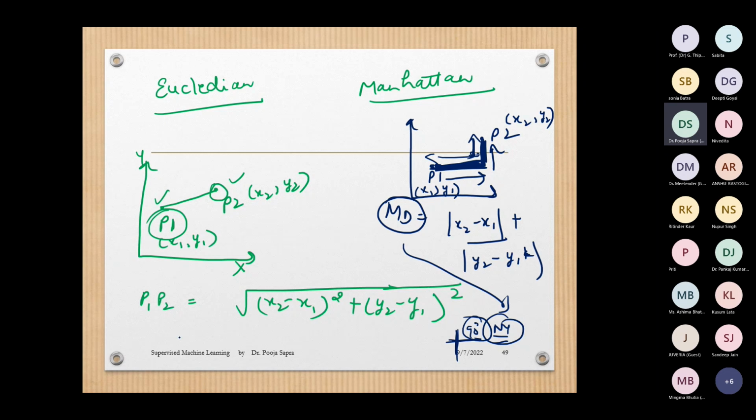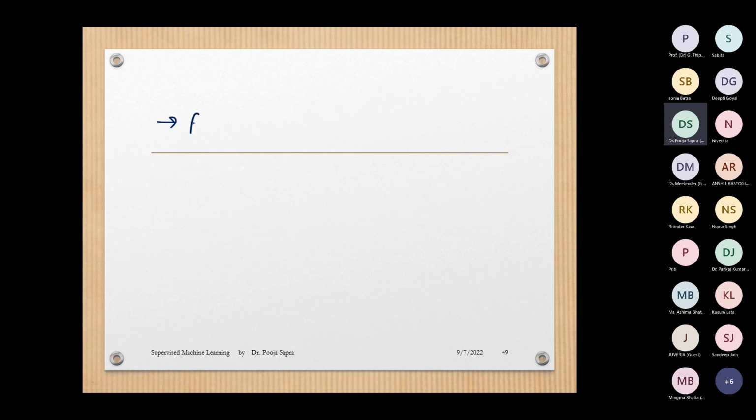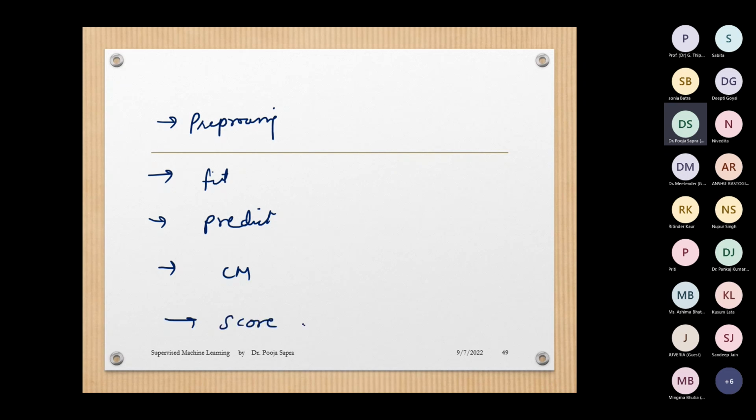So we require this. Again, we would go for similar steps. One is pre-processing. After that, we would have fitting. Then we will have prediction. Then we will have the confusion matrix, and then we will have the score.